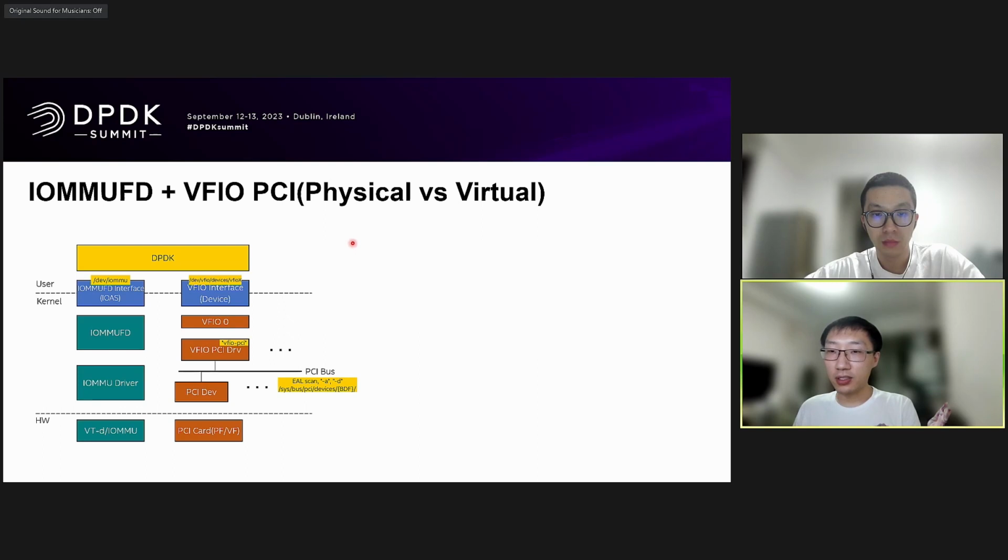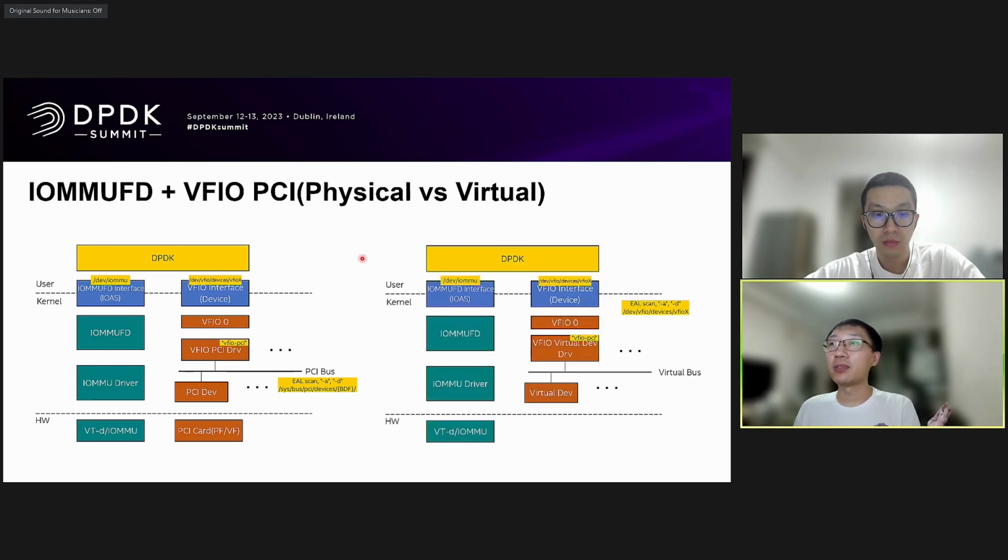Then let's see what the virtual type is. I marked two different places. If you look at the VFIO device part, in our virtual type we are creating a virtual device, which is put on a virtual bus and probed by a virtual VFIO device driver.